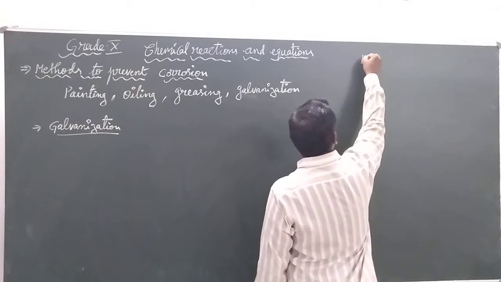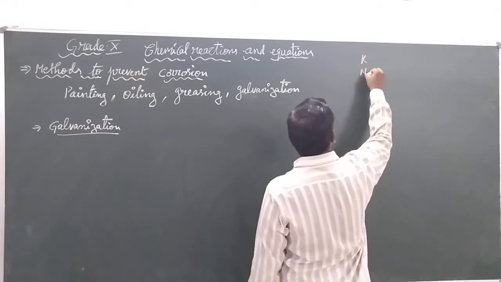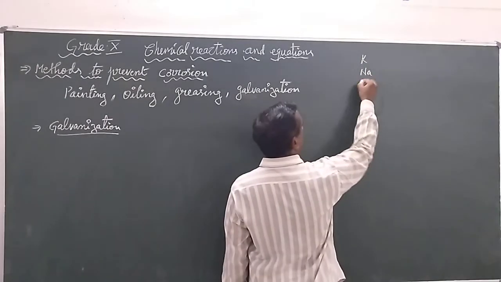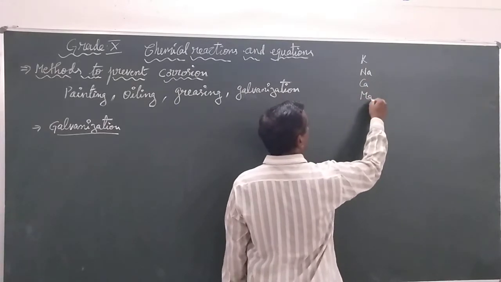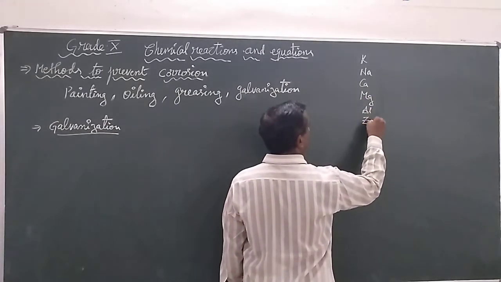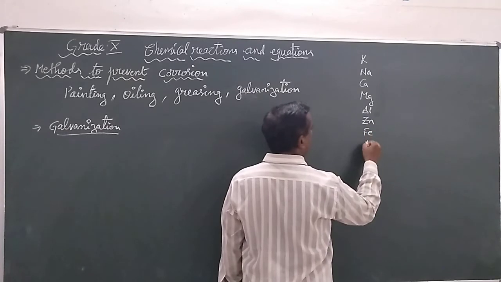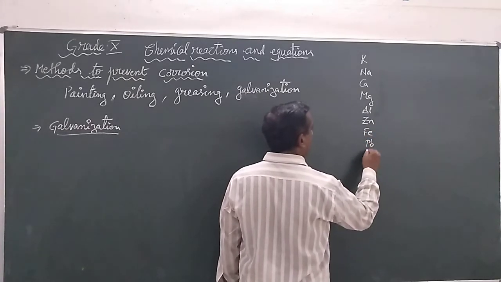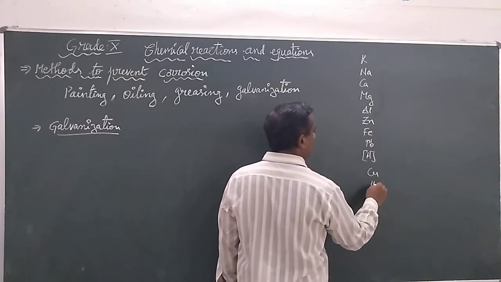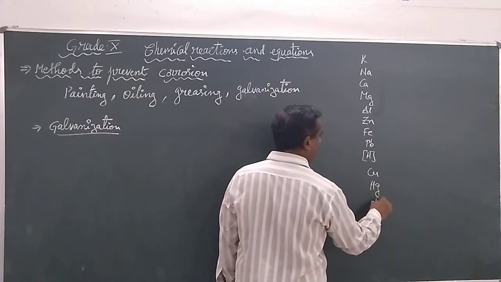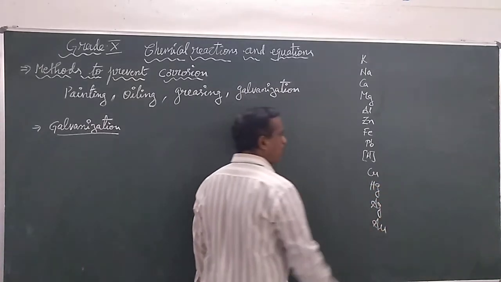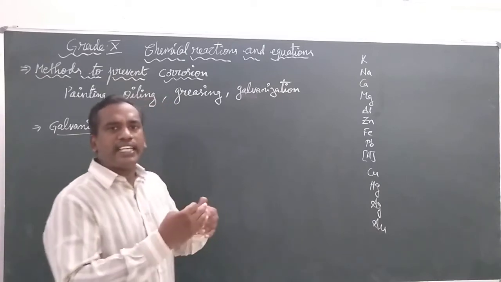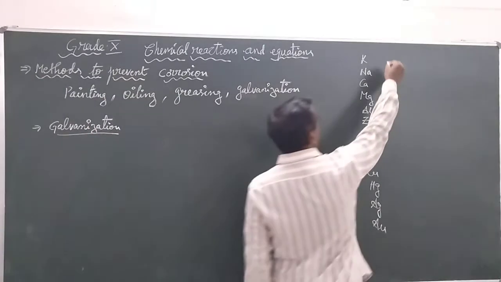There we discussed that potassium is more reactive than sodium, calcium, magnesium, aluminium, zinc, iron, lead, hydrogen, copper, mercury, silver and gold, arranged in decreasing order of reactivity.